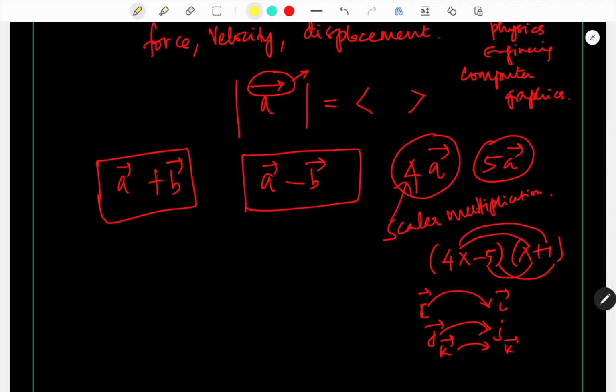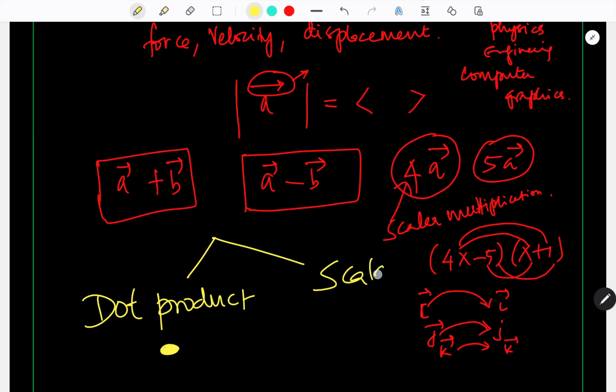Instead of normal multiplication, we have two types of vector multiplication: one is called the dot product, and another one is the cross product. We use different symbols for dot product and cross product.